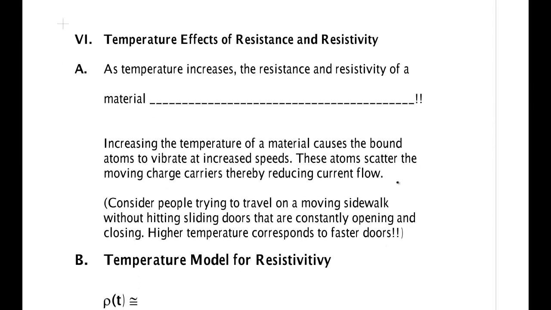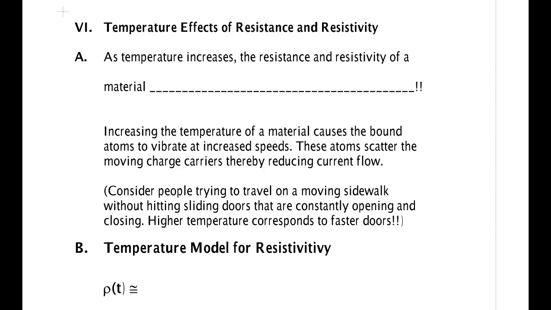All right. Next thing that we might look at is the fact that the temperature can affect both resistance and resistivity. As the temperature increases, the resistance or resistivity of most materials increases.